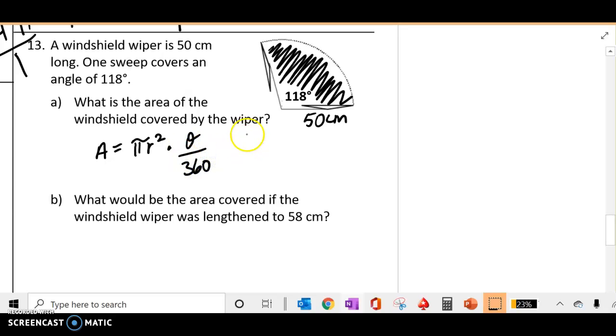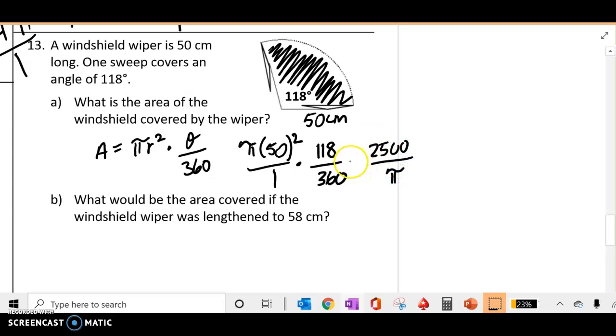So this time the radius is 50, so pi times 50 squared over 1 times the angle, which is 118 out of 360. All right, so let's see, 50 squared is going to be 2500, so that's 2500 pi times 118 over 360, that's over 1.